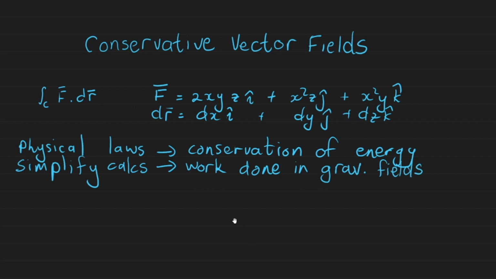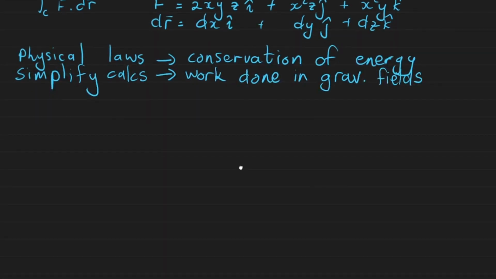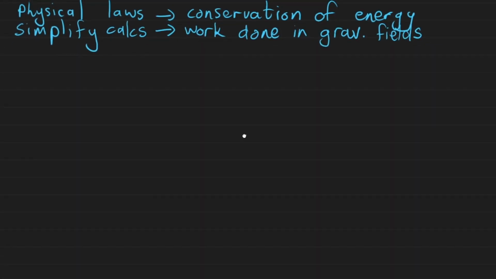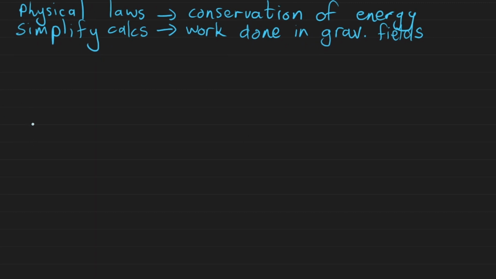So what do we mean when we say a vector field is conservative? All that we are saying is that if we have two paths from A to B, and we want to evaluate the line integral along these different paths to get from A to B. There could be one way as I've just drawn. We can call this C1, and we could have another path from A to B along some other curve, call that C2, and then there is another path, maybe C3.